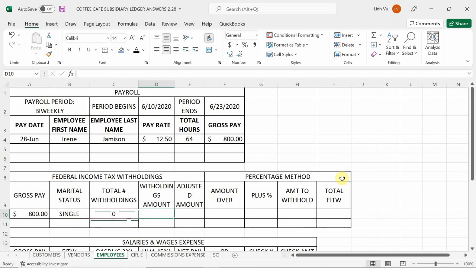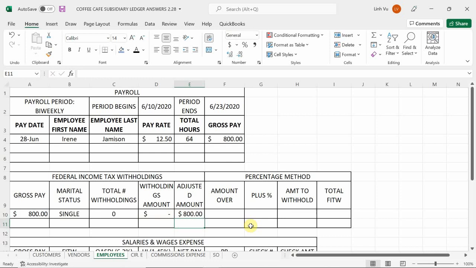Now, the adjusted amount is her gross minus her withholdings amount, which in this case, since she didn't claim any withholdings or earn extra money, her whole entire paycheck of $800 is subject to be taxed.